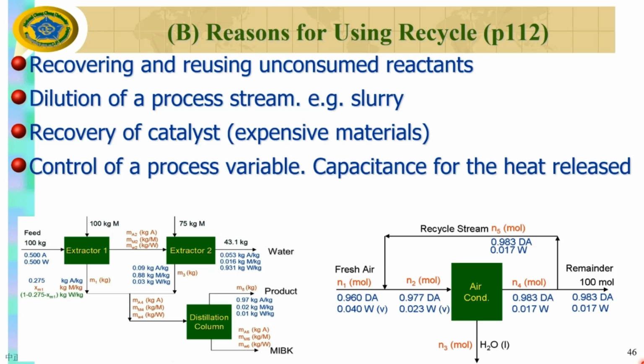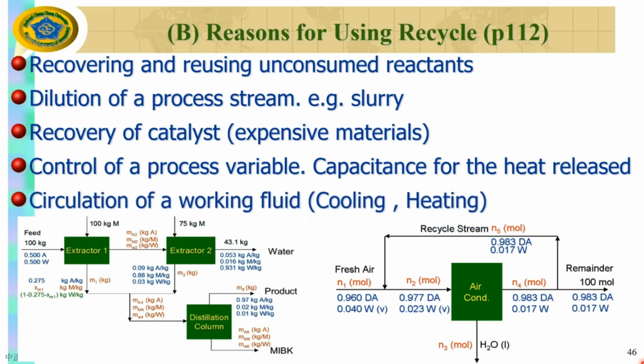This is nothing to do with mass balance, but something to do with energy. The last one is also related to the energy. I don't have time to explain this, but you need to remember the first three reasons. The last two reasons are related to the energy.